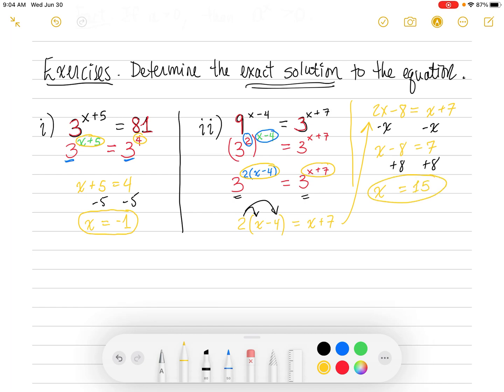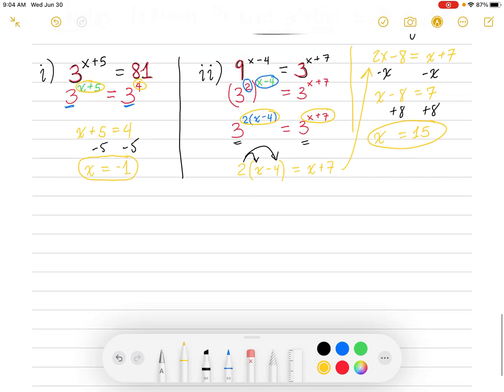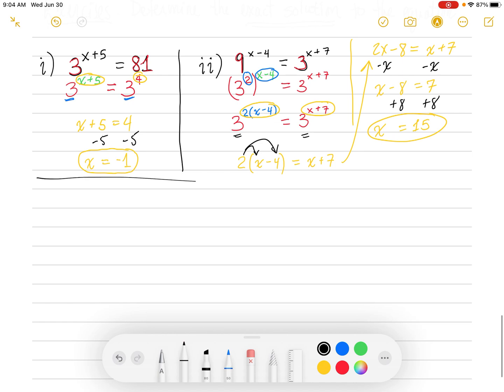Let's get the x's on the left side, so I subtract x from both sides. 2x minus x is x. And then let's say we want to get all the numbers on the right, so I'd add 8. And I get x equals 7 plus 8 is 15. So my solution here would be 15. You don't have to check anything here.